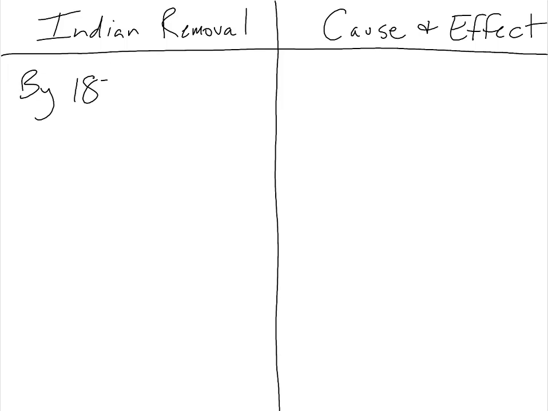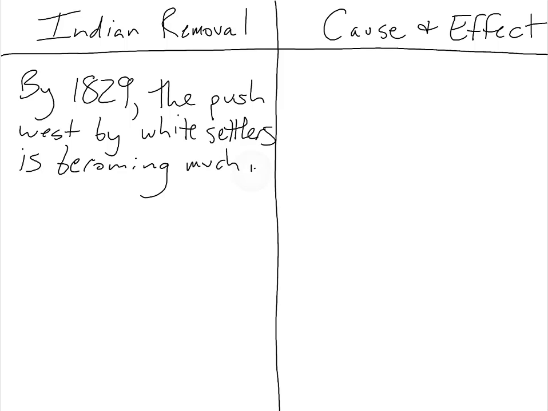By 1829, the push west by white settlers is becoming much more aggressive. Now, you could include some factoids here, such as, if you remember, the invention of the cotton gin made cotton production much more profitable, but this also sparked the need for more land.